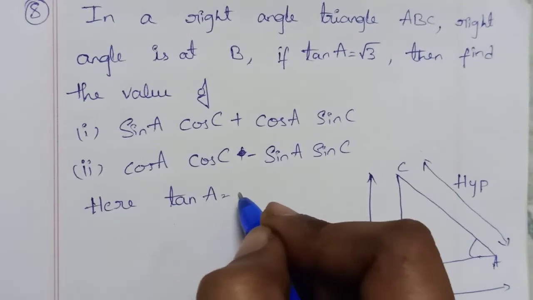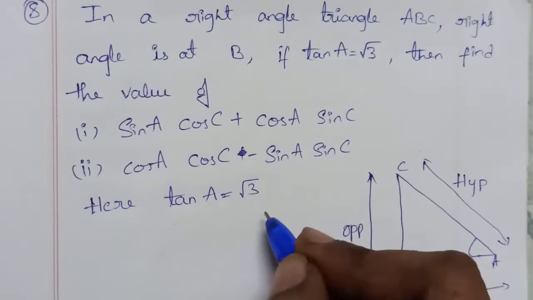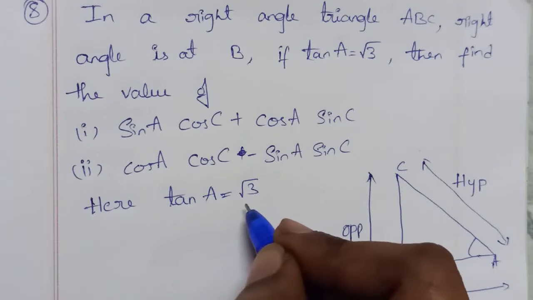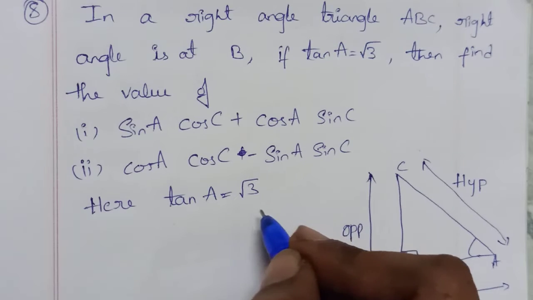tan A is equal to root 3. Consider denominator as 1 in this case.